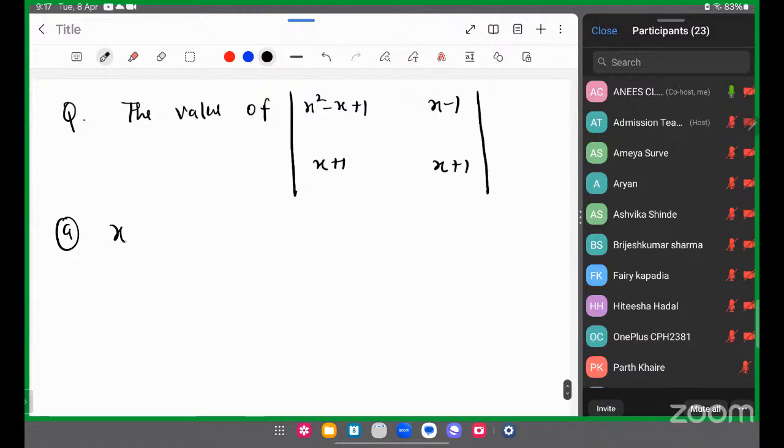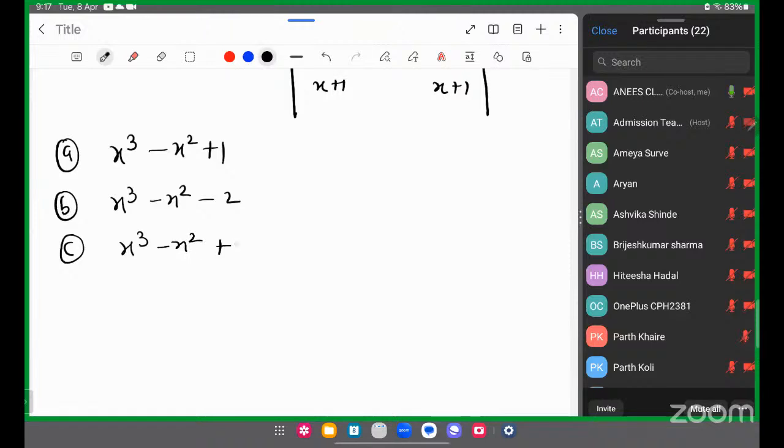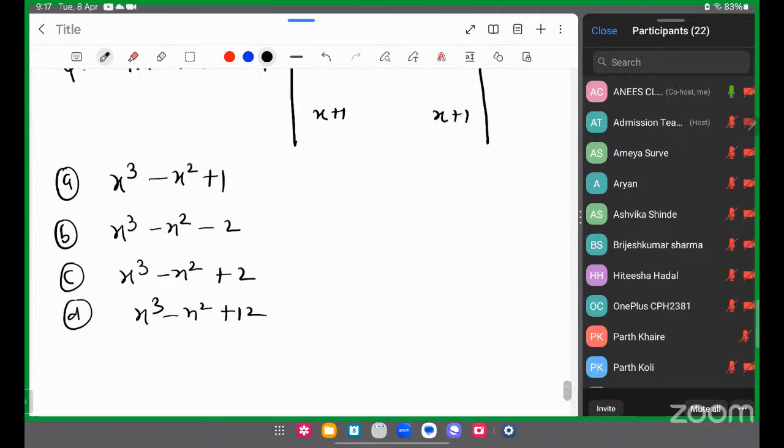Option A is x cube minus x square plus 1. Option B is x cube minus x square minus 2. Option C is x cube minus x square plus 2. Option D is x cube minus x square plus 12.